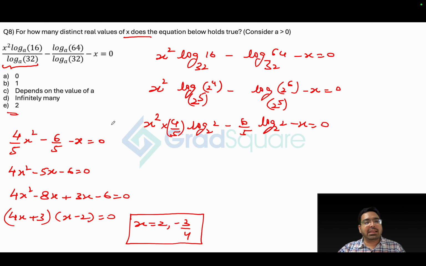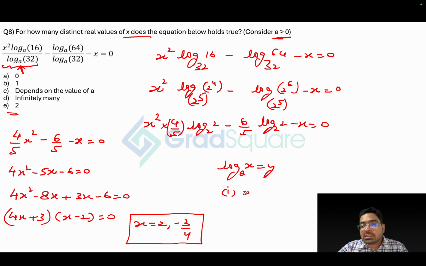Why? Because there are two values and x is not the input value of any of the logs, so that is okay if x turns out to be a negative value as well. But the thing that they want you to consider is that they've given you a greater than 0. If the value of a is greater than 0 and a is present as a base of the log terms present over here, if you go back to the basic identities of log and the basic definition of log, you would realize log of base a x equals y is defined only if the following conditions are met.